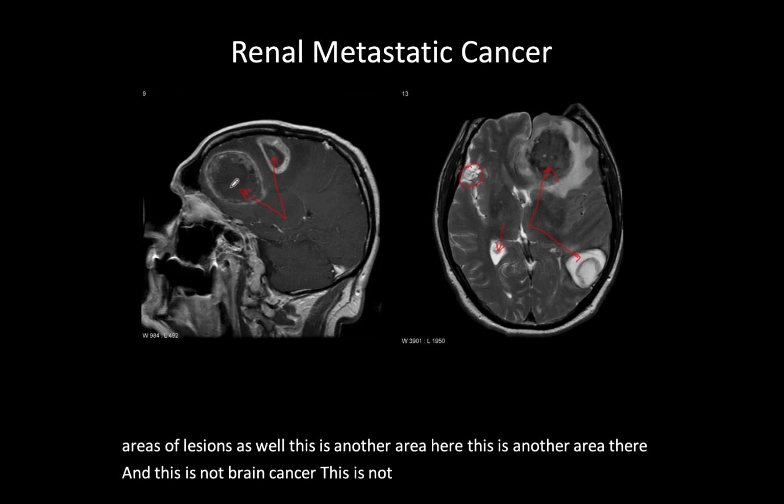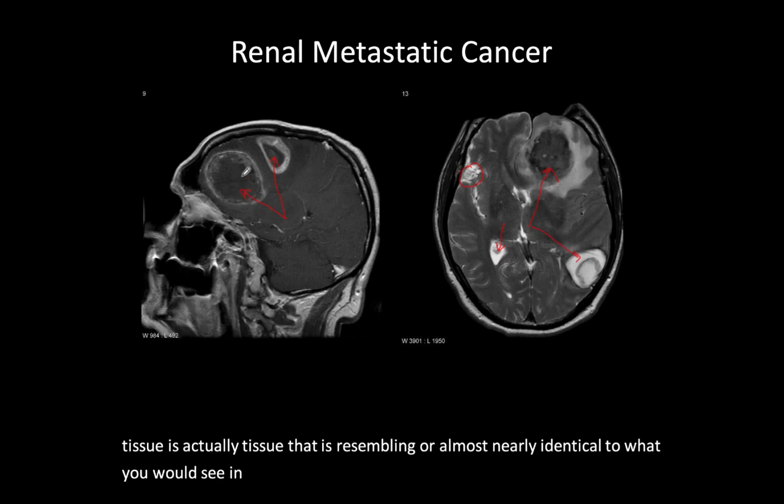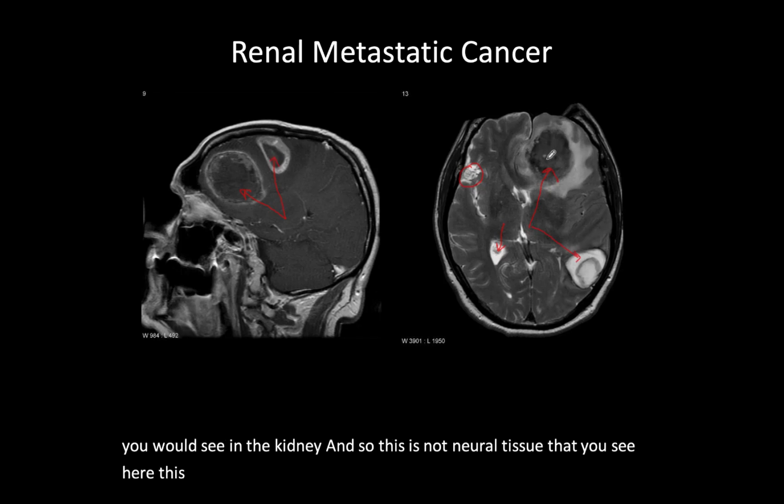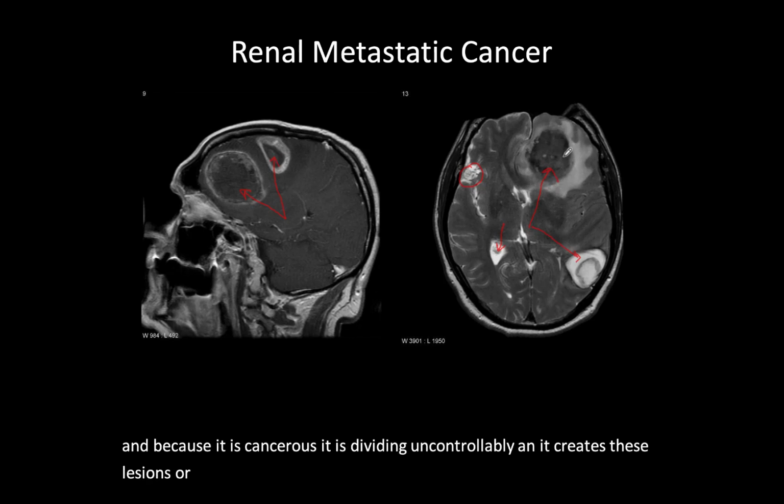When you biopsy this tissue, it is actually tissue that is resembling or almost nearly identical to what you would see in the kidney. So this is not neural tissue that you see here. This is actually kidney tissue that has transplanted itself into the brain, and because it is cancerous, it is dividing uncontrollably, and it creates these lesions or tumors within the brain.